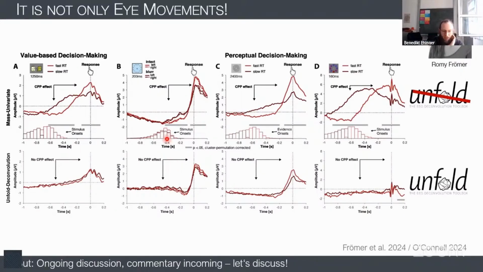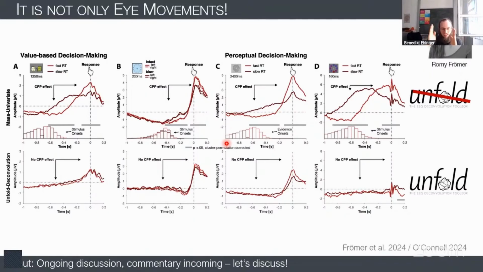This application of Unfold is a little bit criticized, and it's a little bit complicated why or why not this is the case. To make a story short, if you have a perfect drift diffusion model where there's no jitter between the stimulus and the onset of the ramp and the offset of the ramp, then Unfold wouldn't know whether to put this activity to the stimulus or to the response.